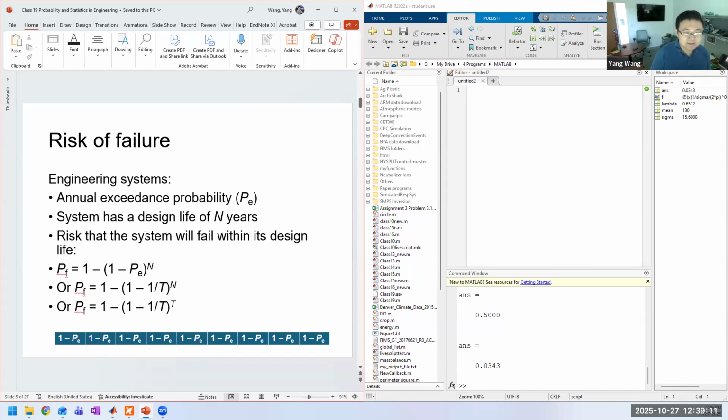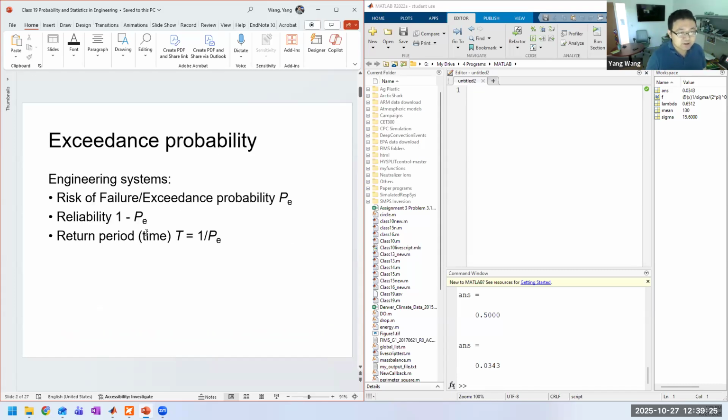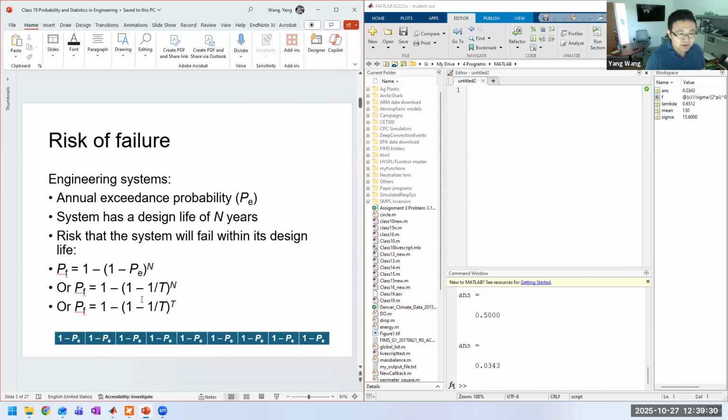So the risk that the system will fail within its design life is just going to be 1 minus this reliability over n years, right? So this PF, F stands for the risk of failure, right? So then, based on the definition we had here, right, the return period is just 1 over PE, right? So we can put 1 over T over here.